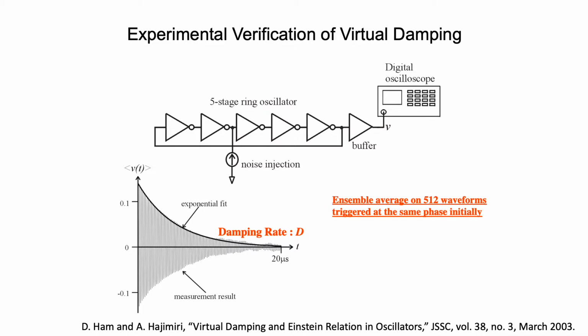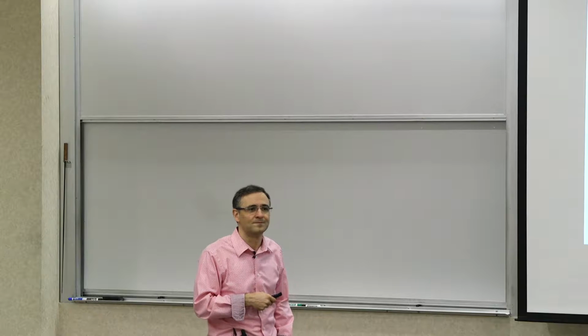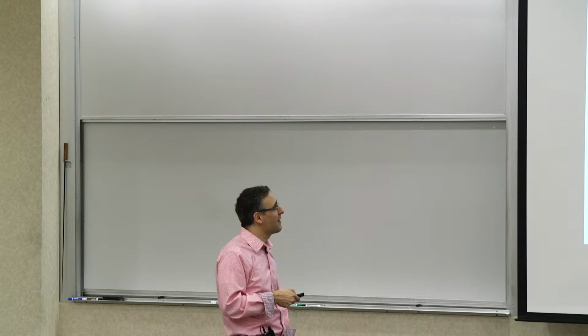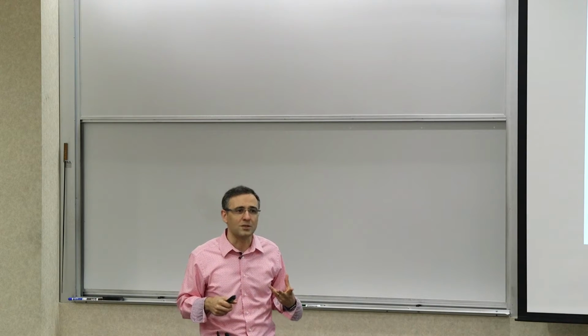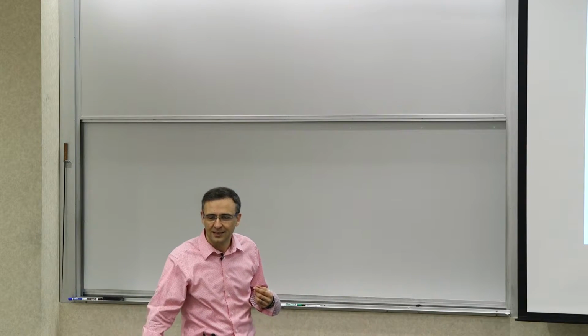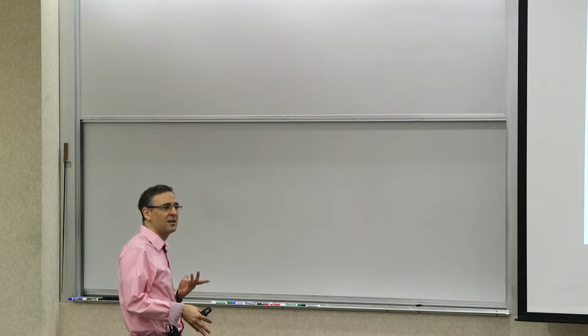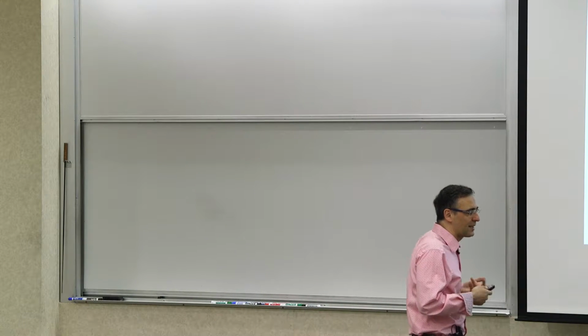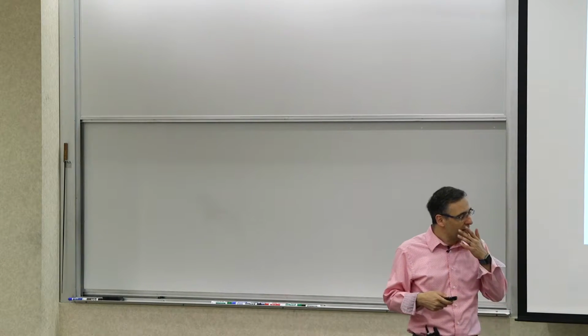But if you take 512 samples of the oscillator waveform and just overlay them, add them, you see exactly this exponential decay. Here, to make it observable, we have introduced a lot of extra noise, because normally this would take a long time to decay in a good oscillator. So this is just to make it more pronounced and demonstrate it.